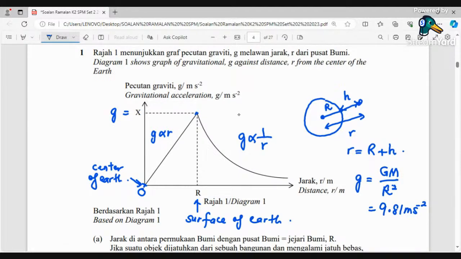Means as the object moves further from the surface of the Earth, gravitational field strength or gravitational acceleration decreases. That's why the graph becomes like this. So you will get the value of g is maximum at the surface of Earth. So you can see from here X is 9.81. That is the concept for this graph.